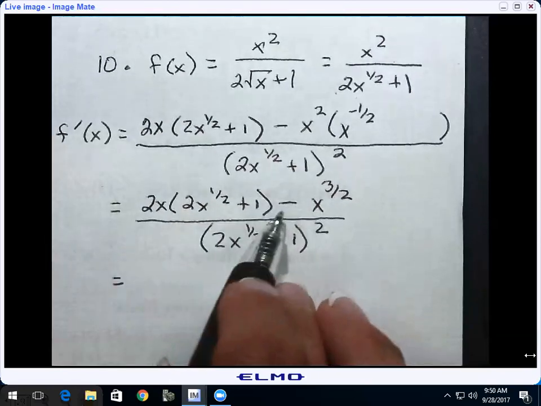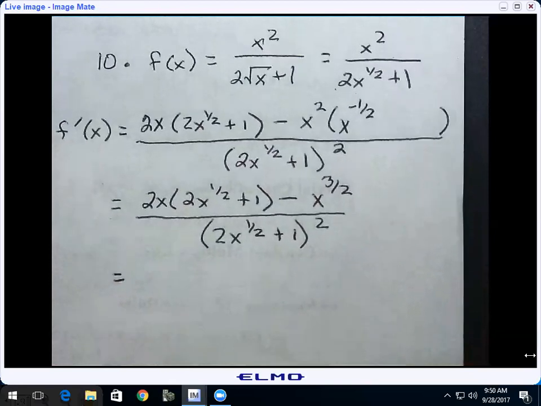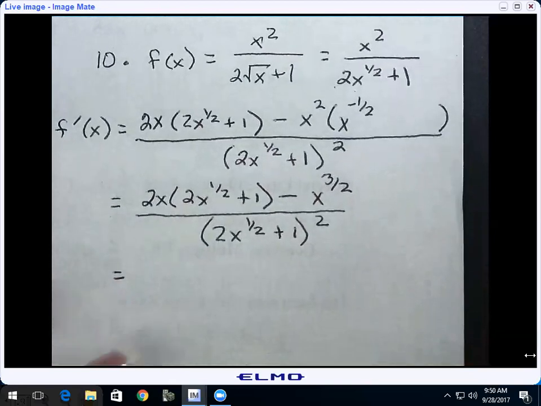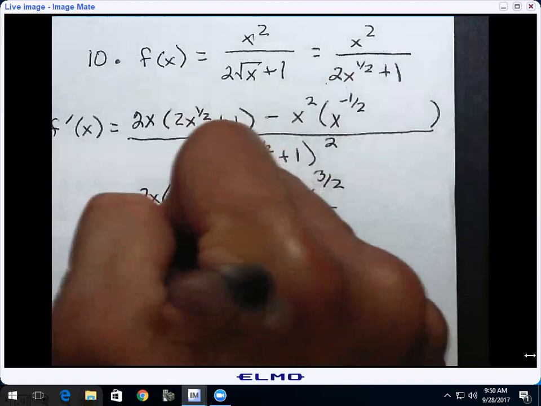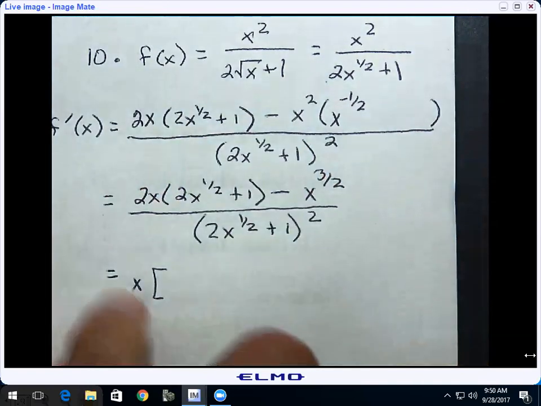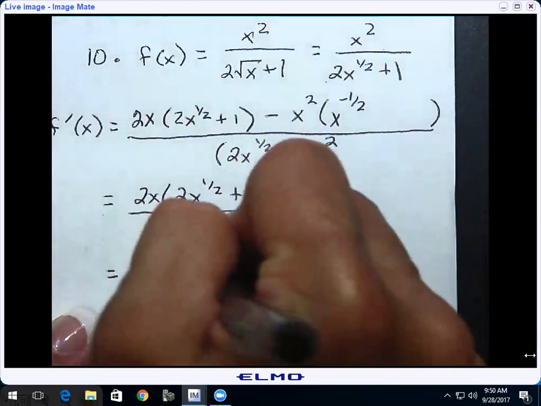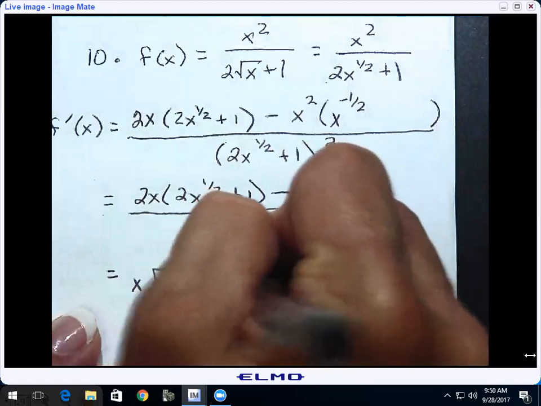You could distribute the 2x, but our goal is factor completely as possible. So I don't want to have to distribute and then undistribute. I want to factor out an x. If I have a GCF, I'm going to factor it out. That's the lowest power of my x's, so factor out an x to the first. That leaves me this from the first term.